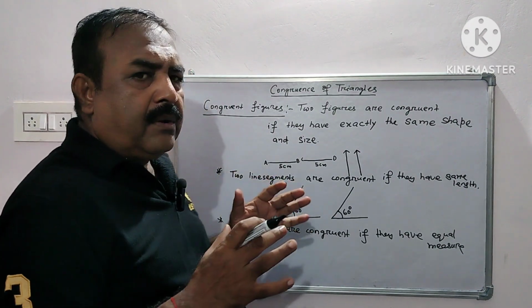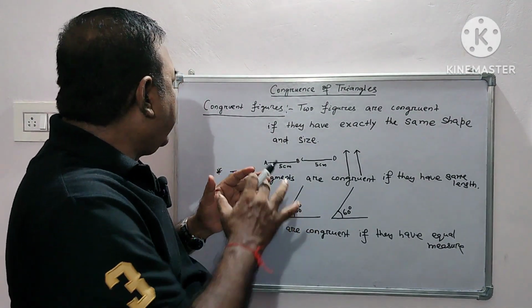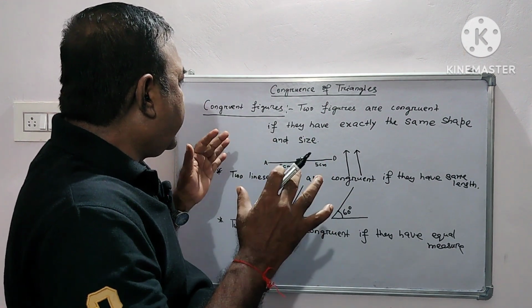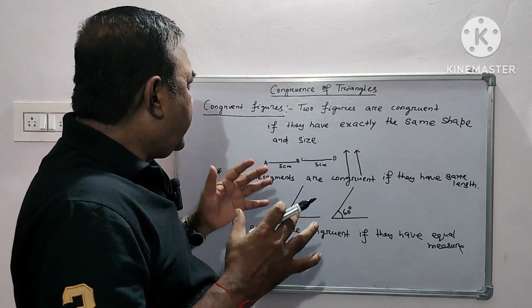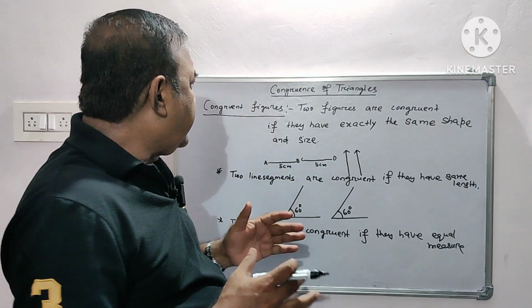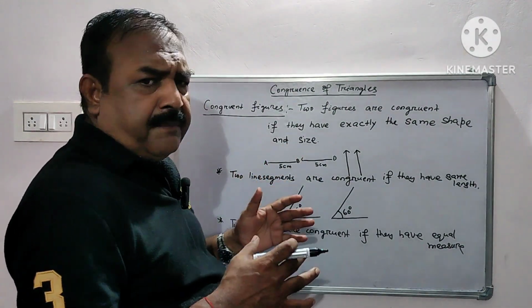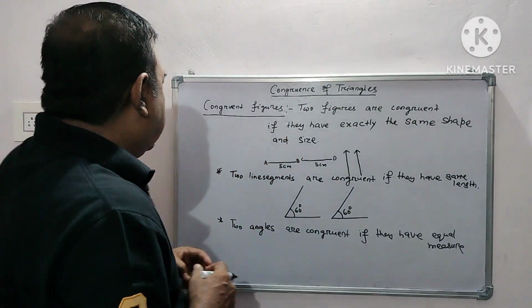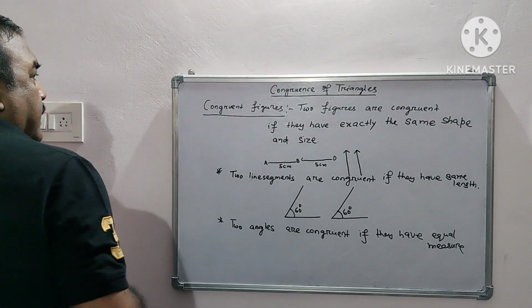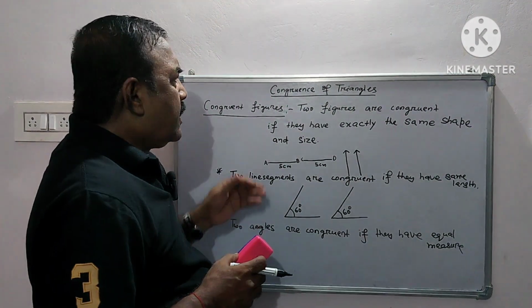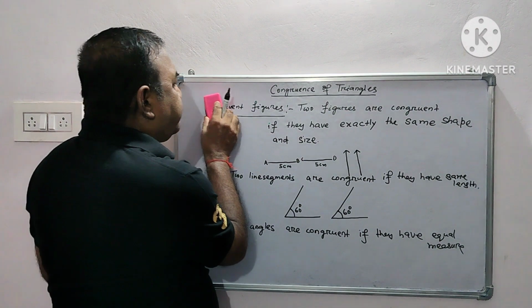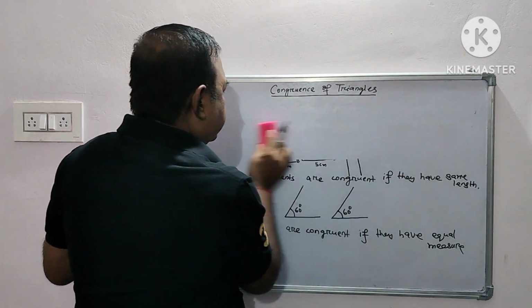So we knew what congruent figures are. Two figures are congruent if they have exactly the same shape and size. Now we will study congruence of triangles. I erase it.